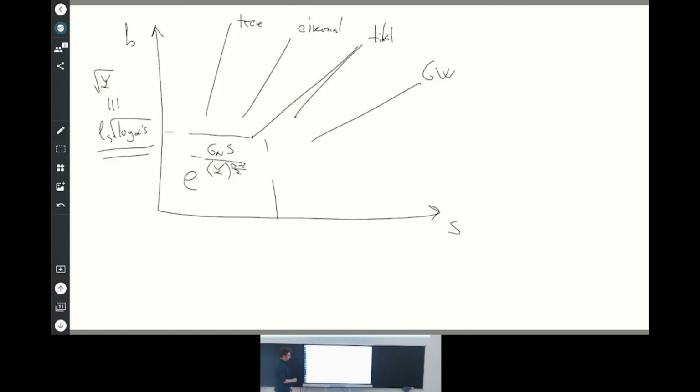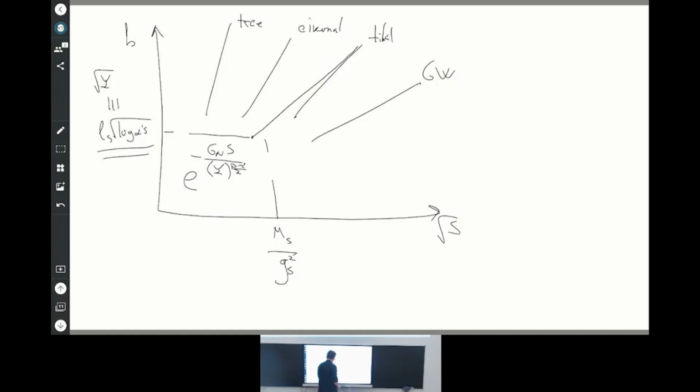Another interesting fact is that when you evaluate this at the correspondence point, square root of s times g string squared, it matches the black hole entropy, roughly, ignoring the logs.